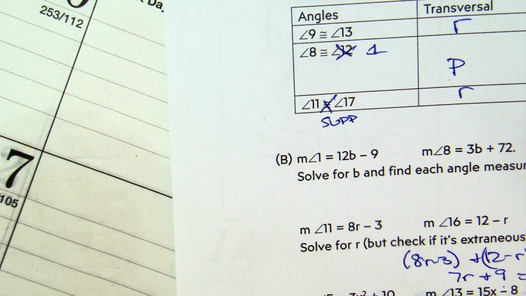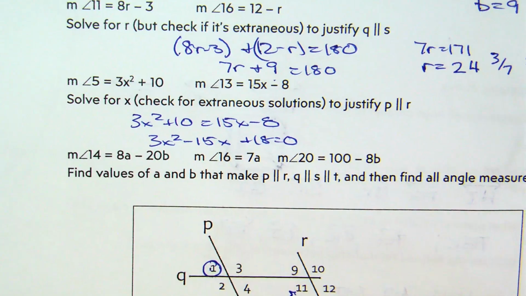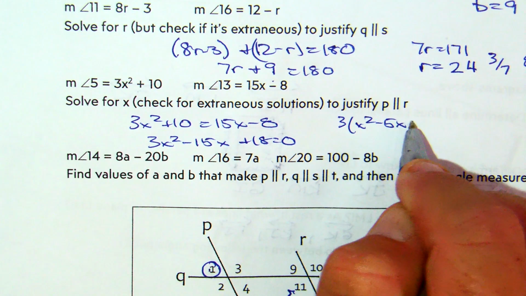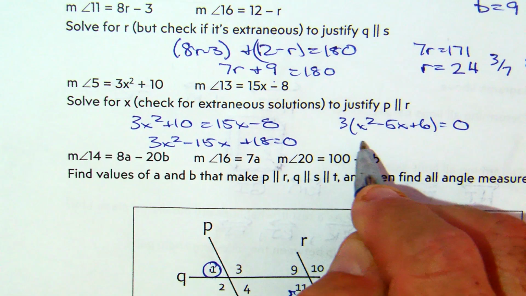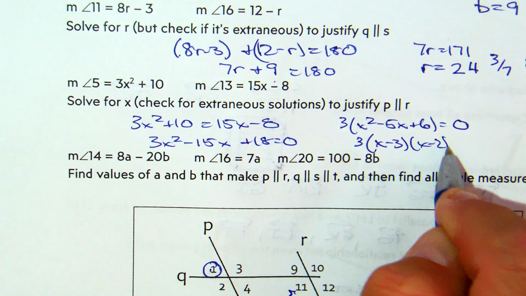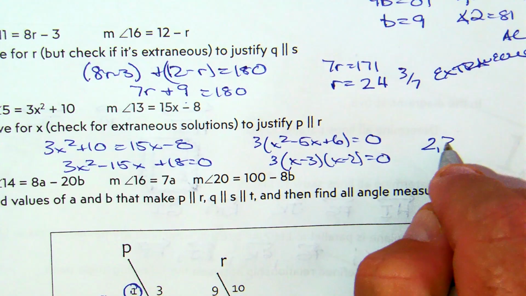I'm going to get it in standard form. 3x squared minus 15x plus 18 equals 0. 3 goes into both, so I can pull that out. x squared minus 5x plus 6 equals 0. x minus 3, x minus 2 equals 0. Making my two solutions, 2 and 3.